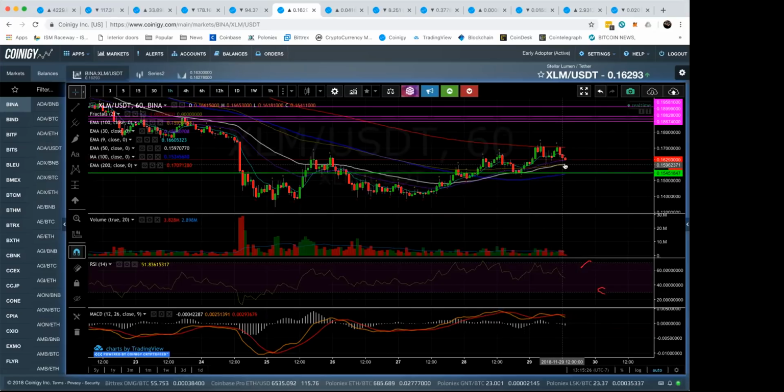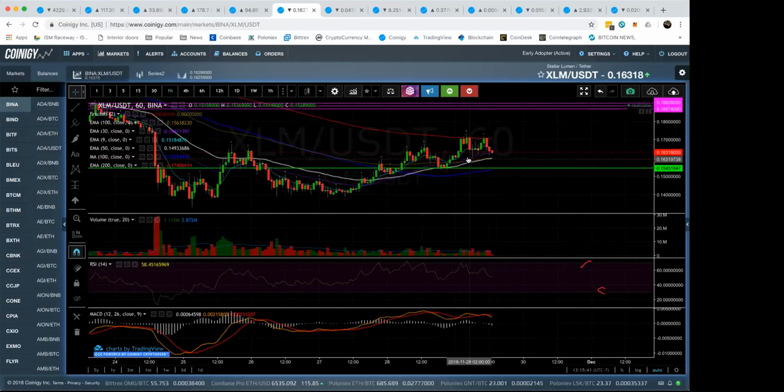Now, we do have a support of the 50 EMA, and if you look to the left, you can see how well that 50 worked as resistance, support. So I'm curious to see if we can find support there. I'm going to put 2 alerts on here.